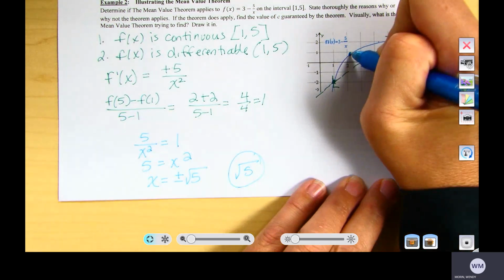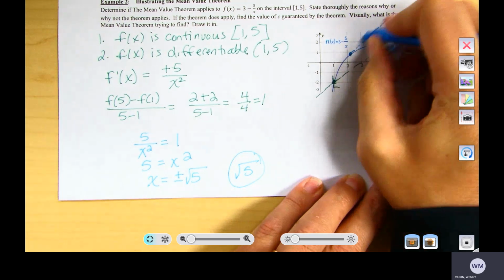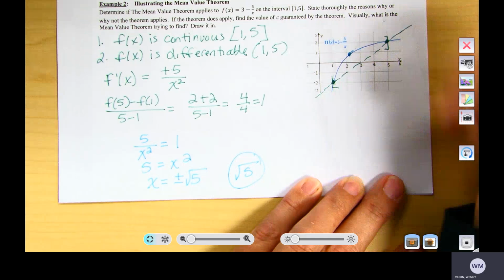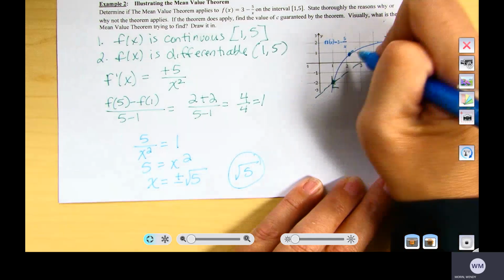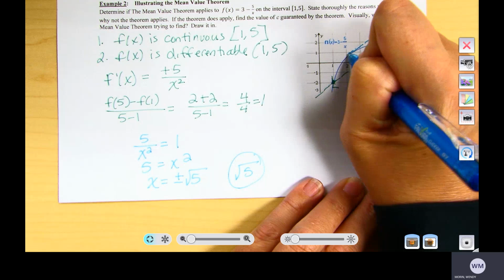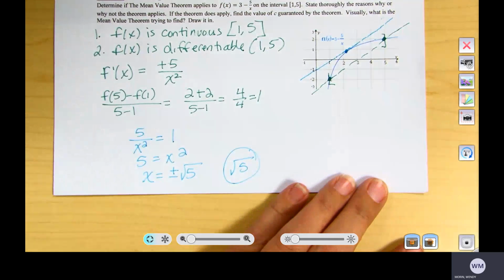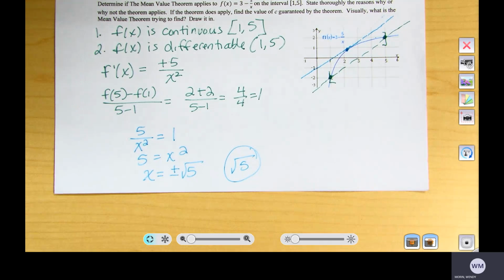And you have just proven, using the mean value theorem, that if I draw a tangent line at that point, and again, this is just an estimate, they will be parallel to each other. So the mean value theorem doesn't say that the tangent line will be parallel to the secant line. I mean, yes, it does, but you wouldn't say that.